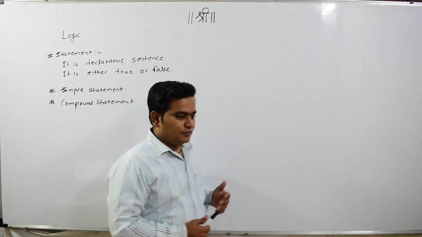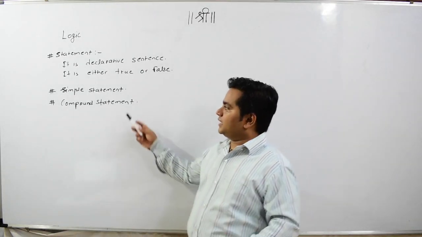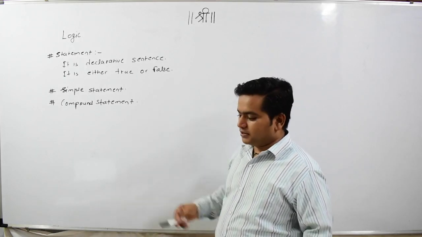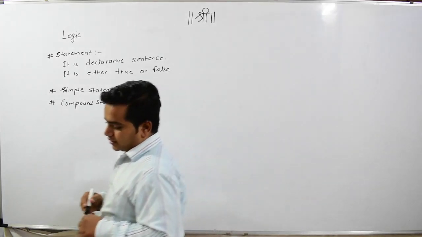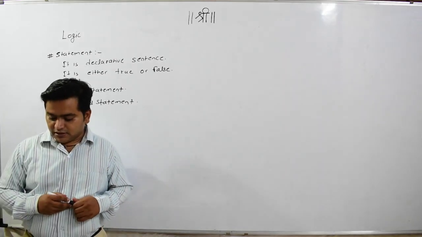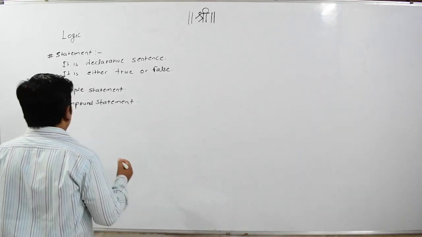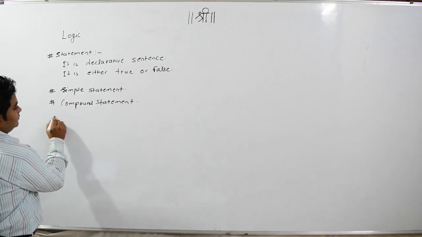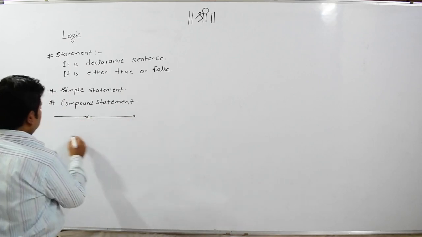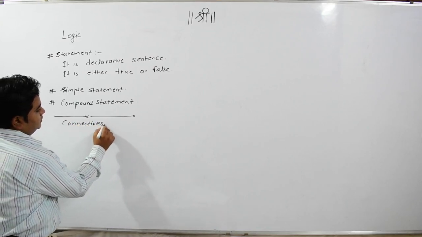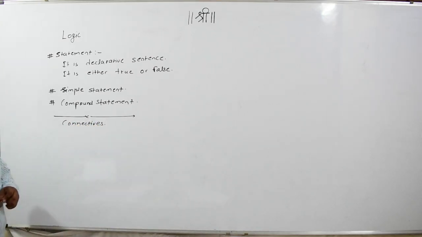How to follow it? First of all, try to understand how exactly these statements are written. Compound statements can be written in different formats, and those formats are called connectives. So compound statements can be written in the form of connectives. Now our next topic is connectives.